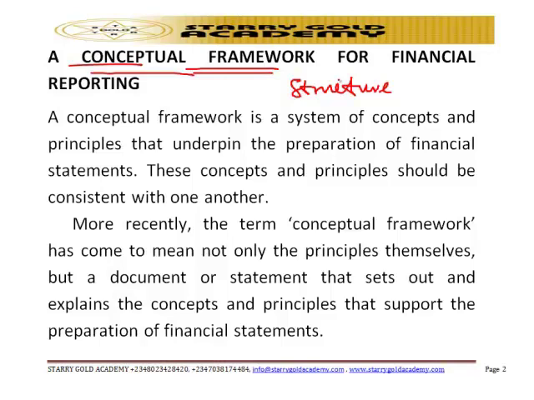A conceptual framework is a system of concepts. It is a system of concepts and principles that underpin the preparation of financial statements. So a framework, a structure, entails a system that has been put in place which consists of concepts, fundamentals, and principles that underlie the preparation of financial statements.